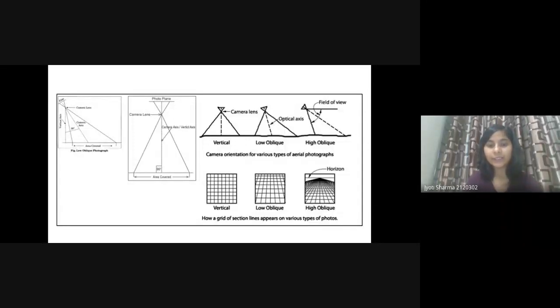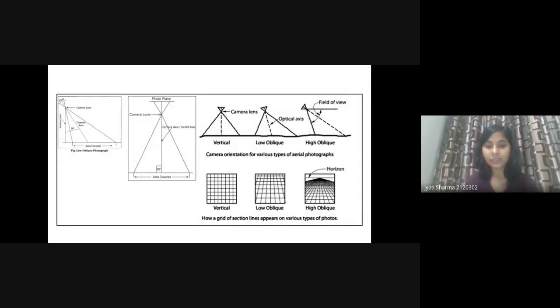And can you see that because of this angle we are creating in low oblique and high oblique, the surface area we had earlier has changed. So based on the application, based on how much area we need in one go, we can change the angle of our satellite sensor.